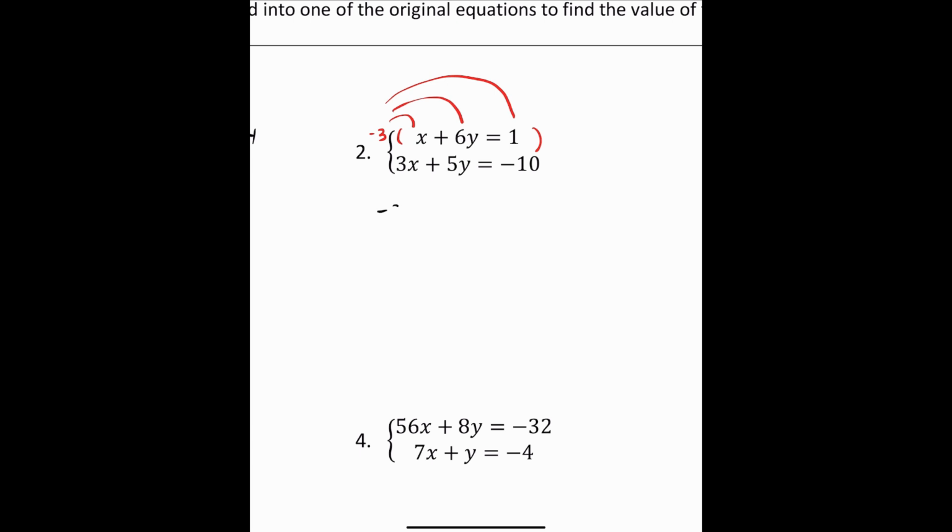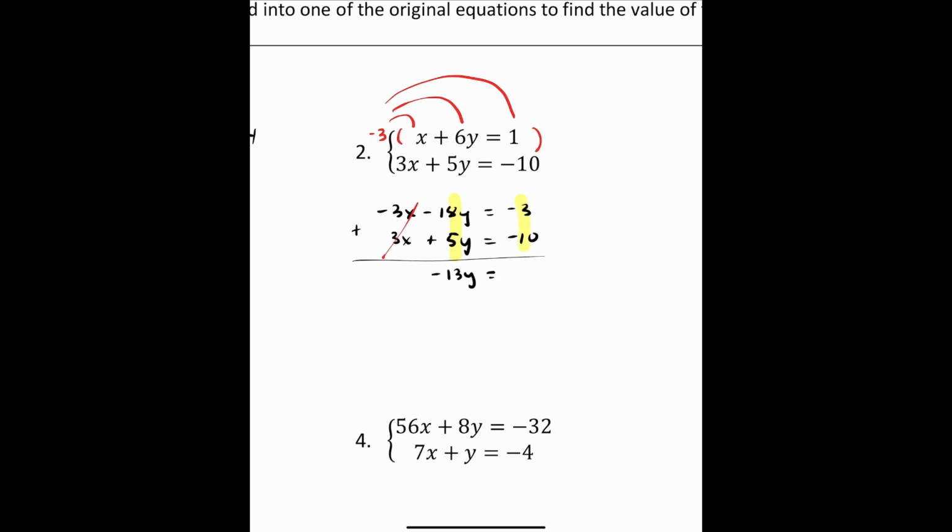This is going to become negative 3x minus 18y equals negative 3. And then rewriting the second equation, 3x plus 5y equals negative 10. I have opposites already, so negative 3x plus 3x will cancel out. Remember, we are adding vertically. So negative 18y plus 5y is going to give me negative 13y.